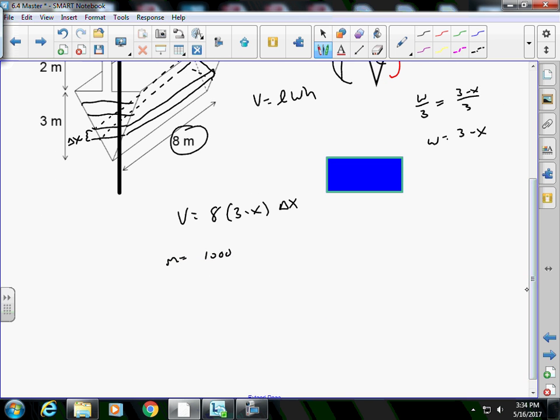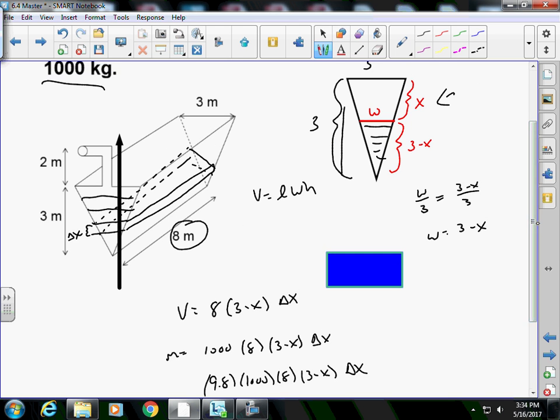So I have to multiply it by 1,000, 8 times my volume, 3 minus x, delta x. To find its force, I need to have the effects of gravity. Delta x. Now here, my x's are going to range from 0 to 3.